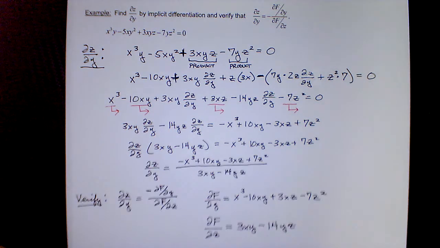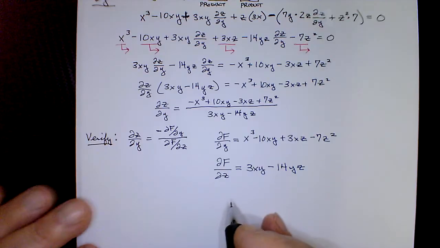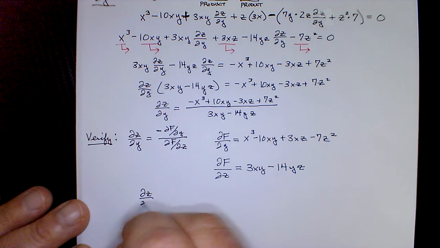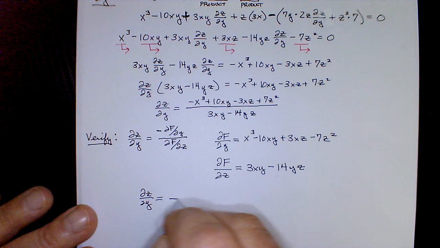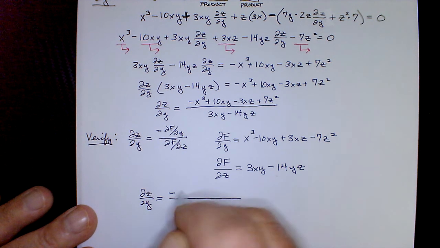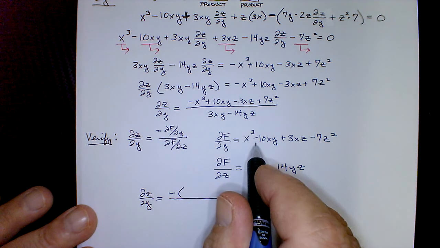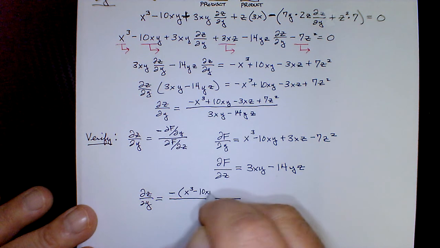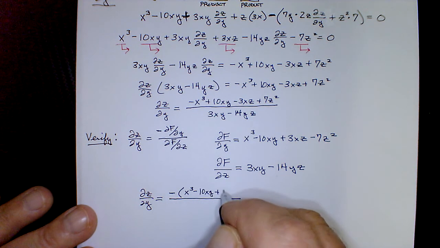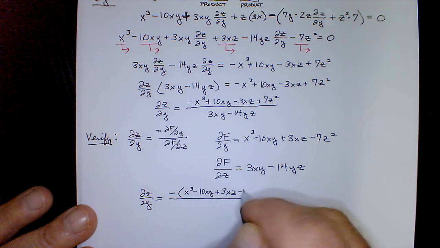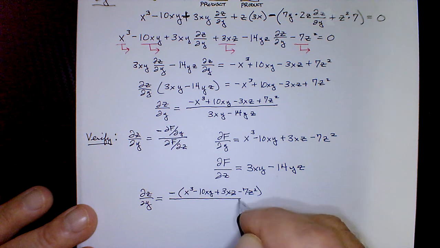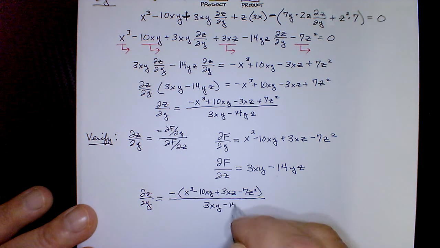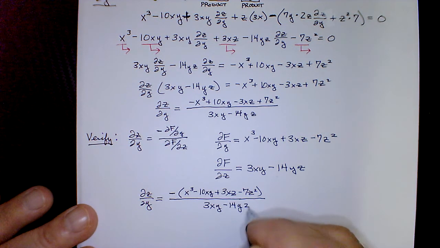And then finally we could verify that this is true, because if we consider substituting into the suggested formula, it's saying it should be minus the partial of f with respect to y, which is the x cubed minus 10xy plus 3xz minus 7z squared, all over this 3xy minus 14yz.